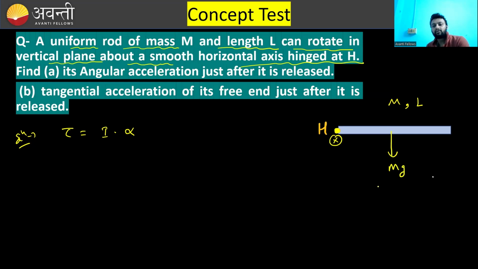This is the mg. So only the gravity is the one force which is creating the torque. So now calculate the torque. You will say mg and the perpendicular distance. This distance will be what? L by 2. Clear? So torque is mg L by 2 is equal to. Now what is the moment of inertia of the rod about this axis? This is the axis of rotation.